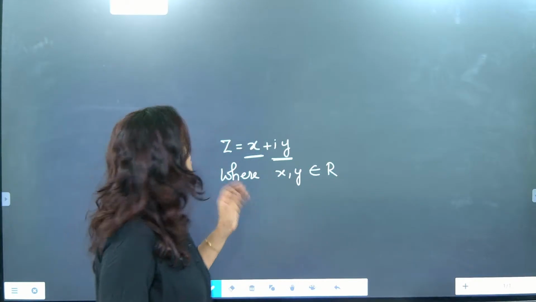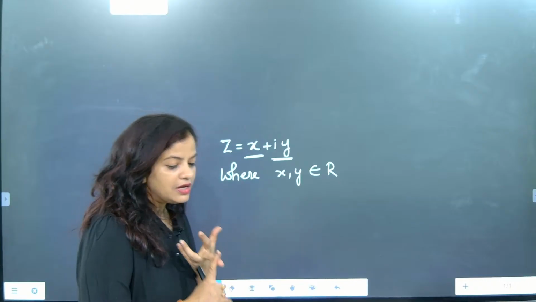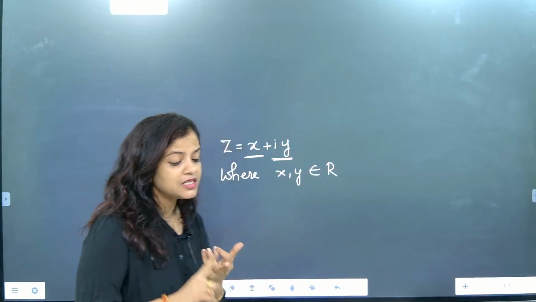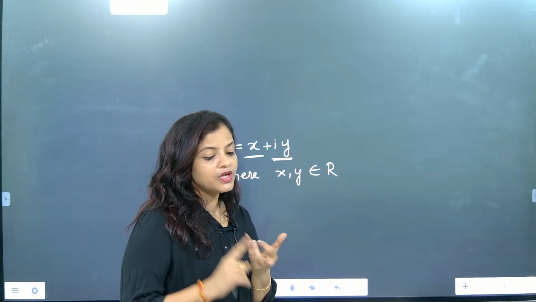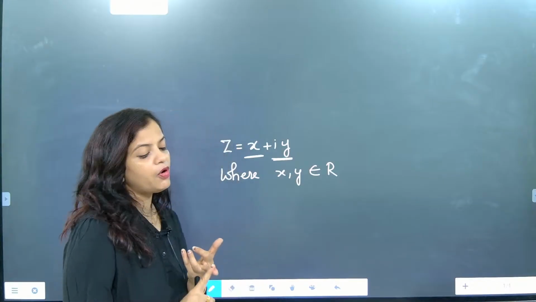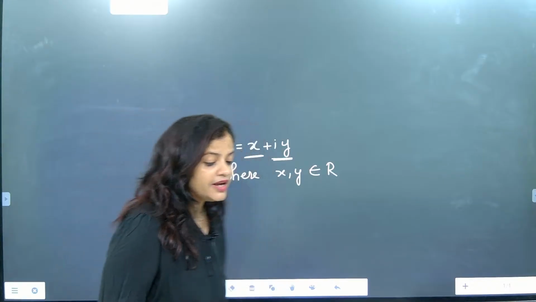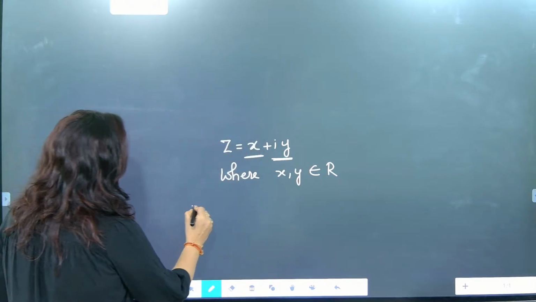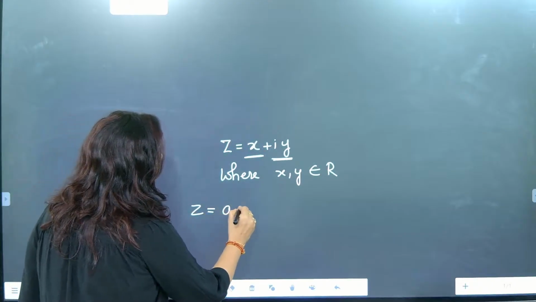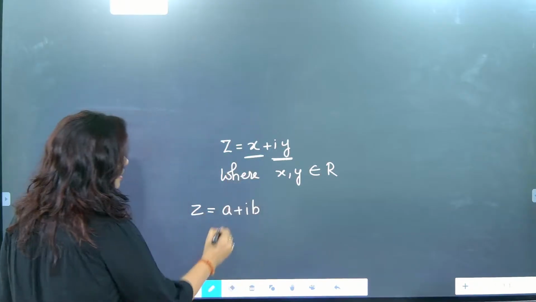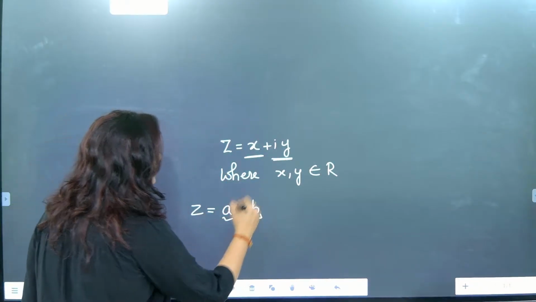So how are real numbers exactly a subset of complex numbers? We learned a very important point: whenever you write a complex number, it will be written in the format a plus ib, where a and b are real numbers.